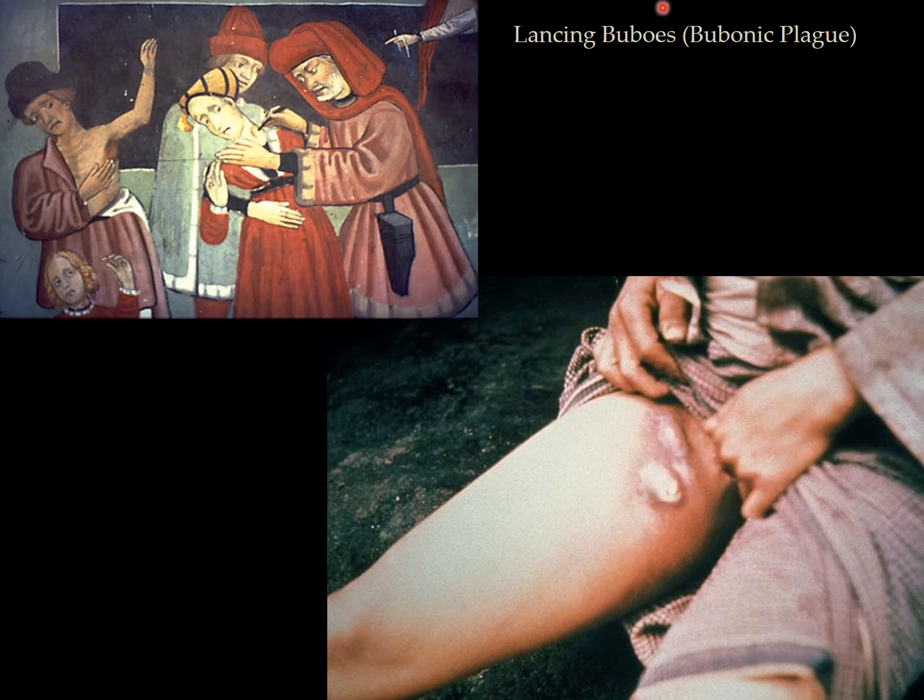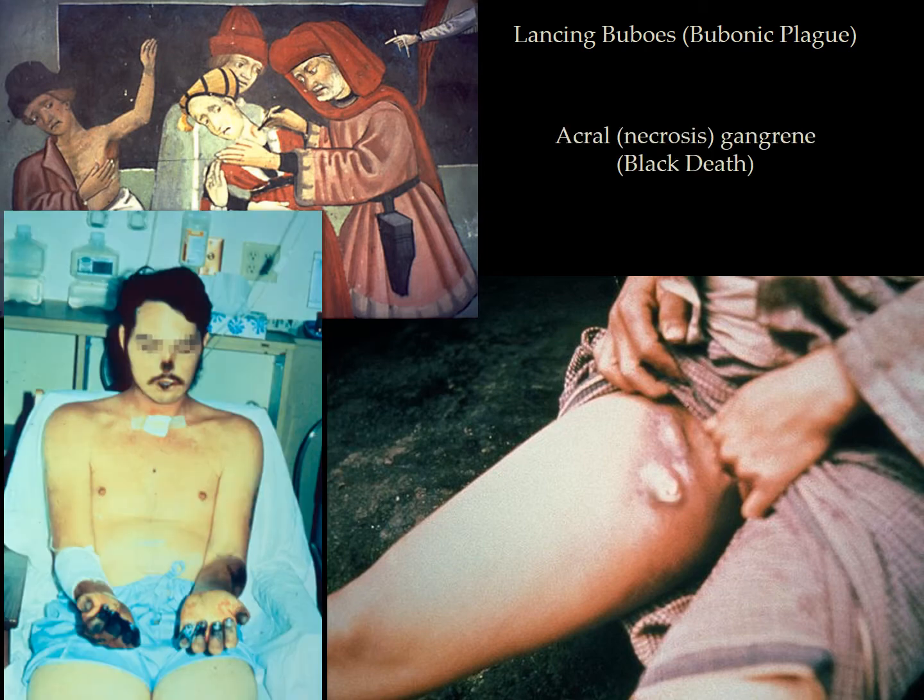You can see in the top left the lancing of a woman's neck, whereas the armpit is ready to be lanced and the liquid seeping out to the left here. It's called the Black Death because of gangrene that sets in, this necrotizing effect, this necrosis, whereby dead blood will pool right to the surface, thus your skin turns black.